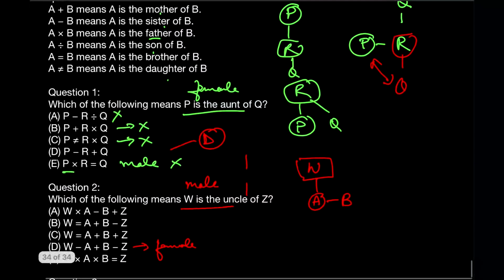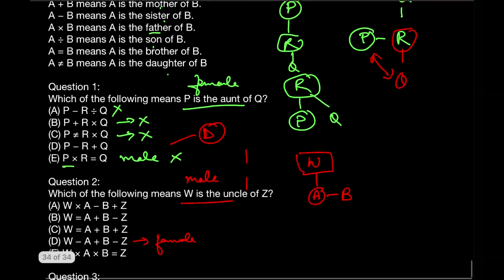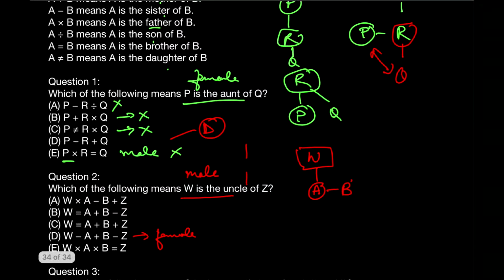So B plus means B is the mother of Z. So if B is the mother of Z, then can I say that W is the uncle of Z? Well, no, we are having two generation gap. One generation, two generation. That means W stands out to be the grandfather of Z. So therefore, this will not be correct. Now, what do we understand from here? We understood that because there was a generation gap, we eliminated option A.